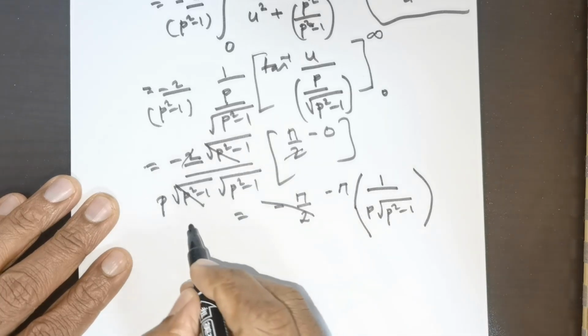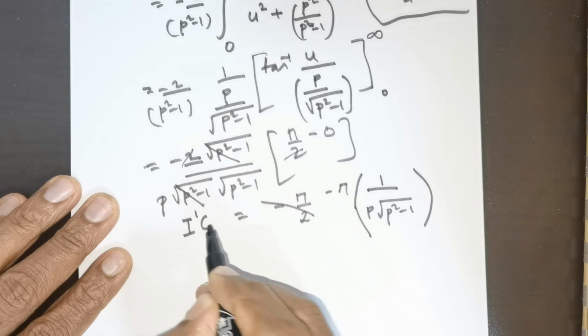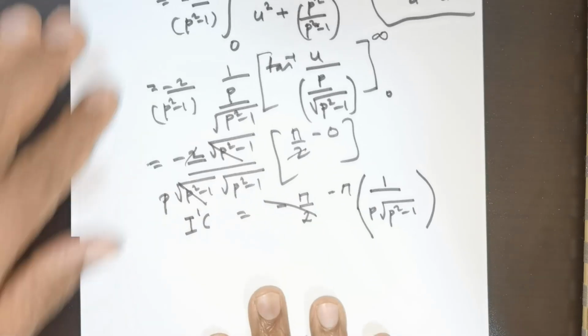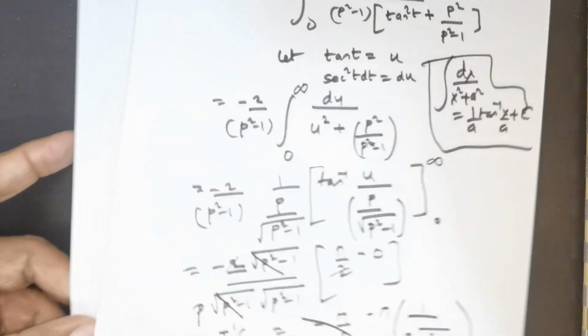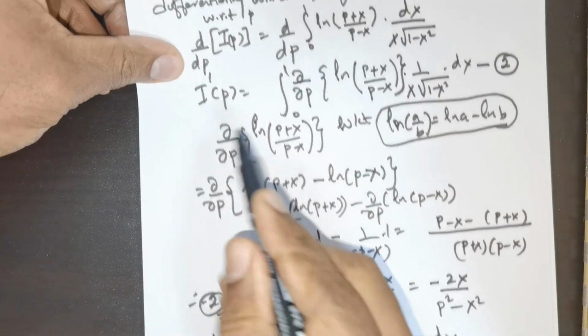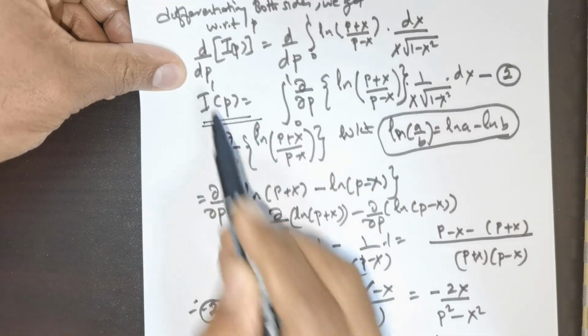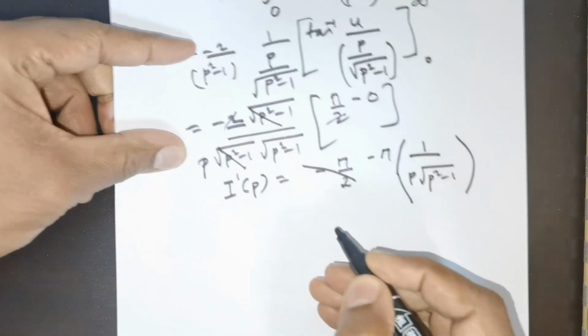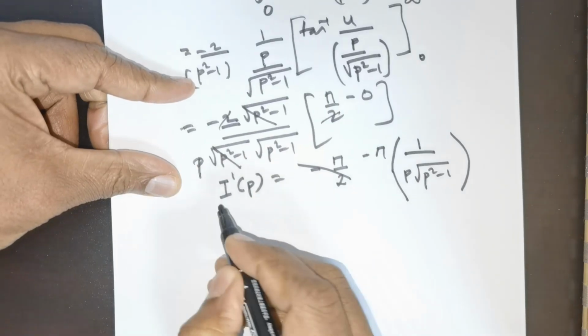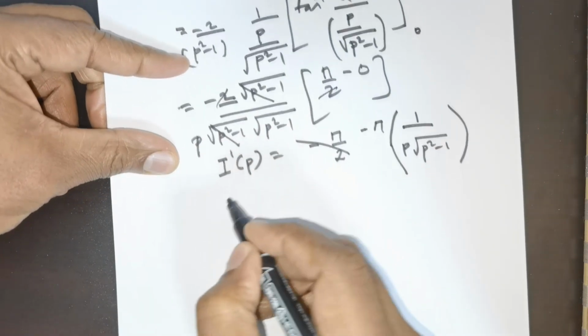Now let me go to the left hand side. This is I dash. Now what do we take the function? We took I dash of p. So this is going to be I dash of p. Now to get rid of this, I need to integrate.